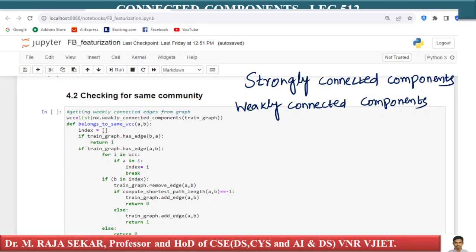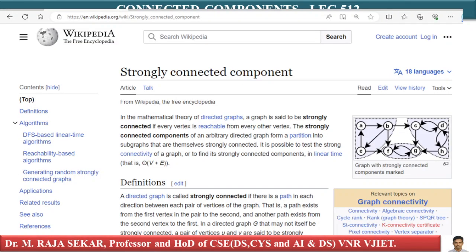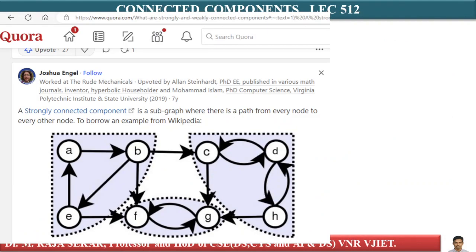If you Google search for it and go to the Wikipedia page, there is also a nice Quora question where they use the same image: a directed graph.